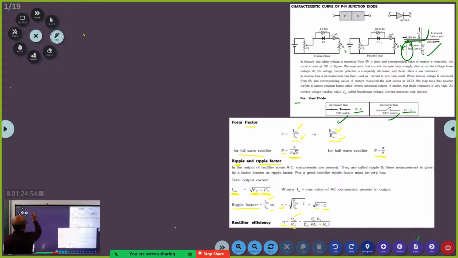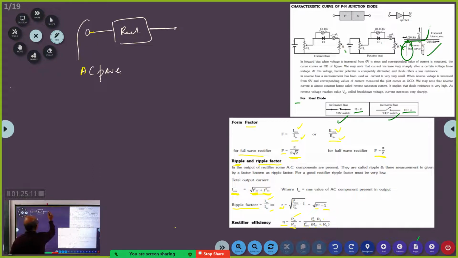See, from a rectifier, this is the input, this is the rectifier, correct? You are feeding AC power here. What do you want here? You want DC power. But what are you getting at the output?